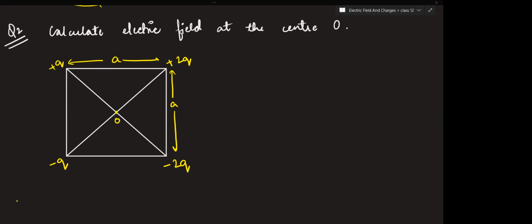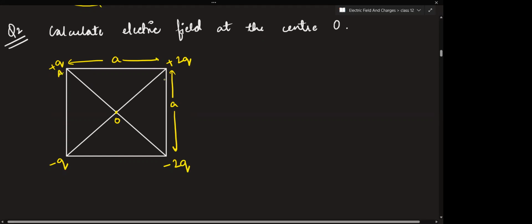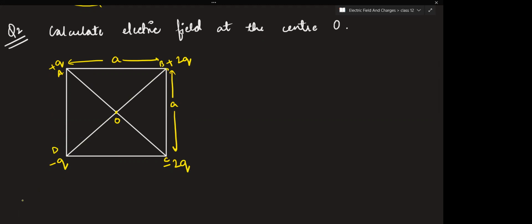And firstly, tell me what is this distance coming. Just mark these points as A, B, C, D. So tell me what is this coming, these separations.